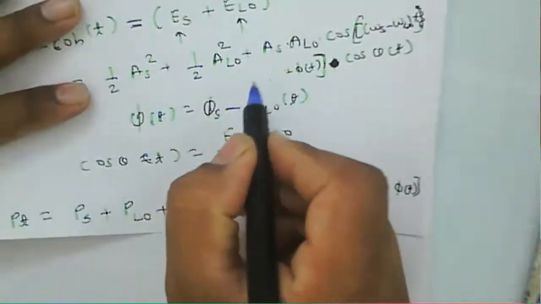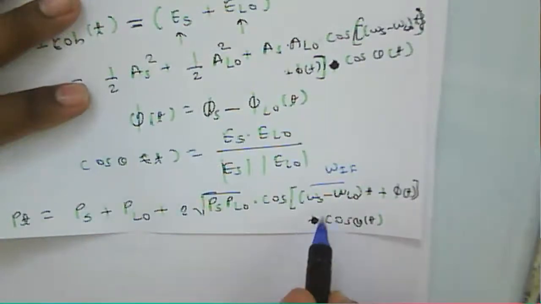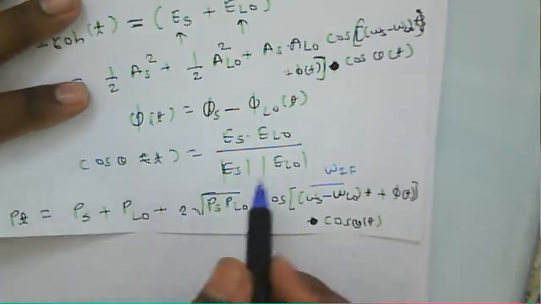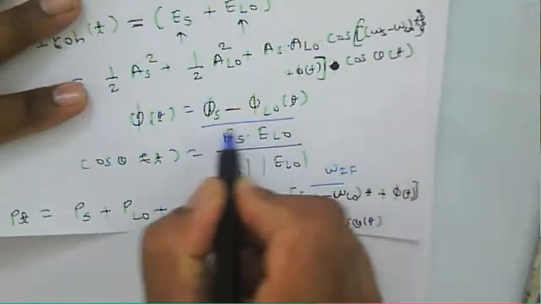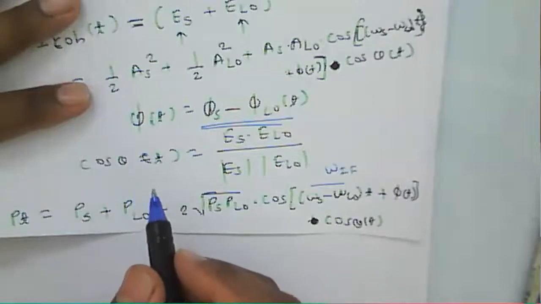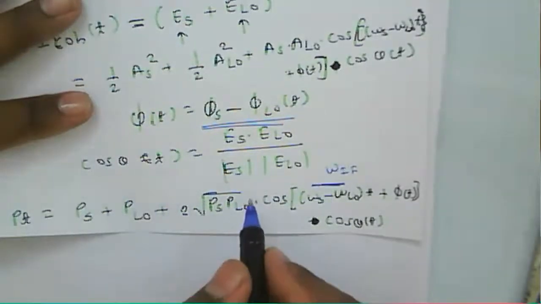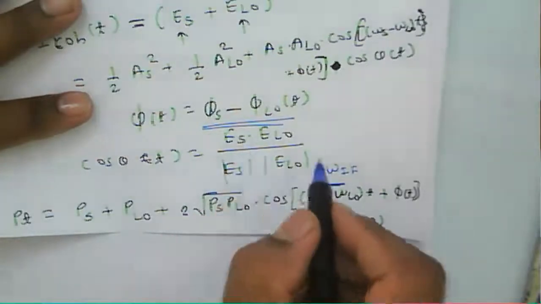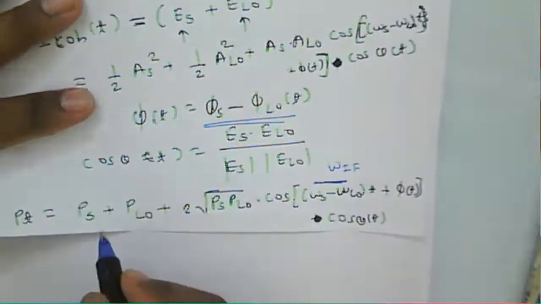And phi of t is nothing but the phase difference between the signal and the local oscillator. And here omega IF is the difference between the signal frequency and the local oscillator frequency.